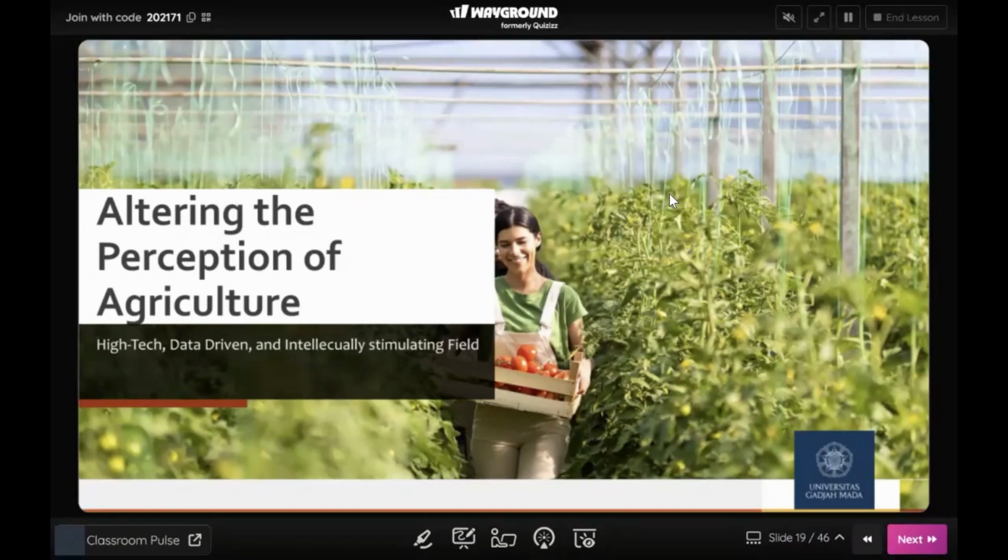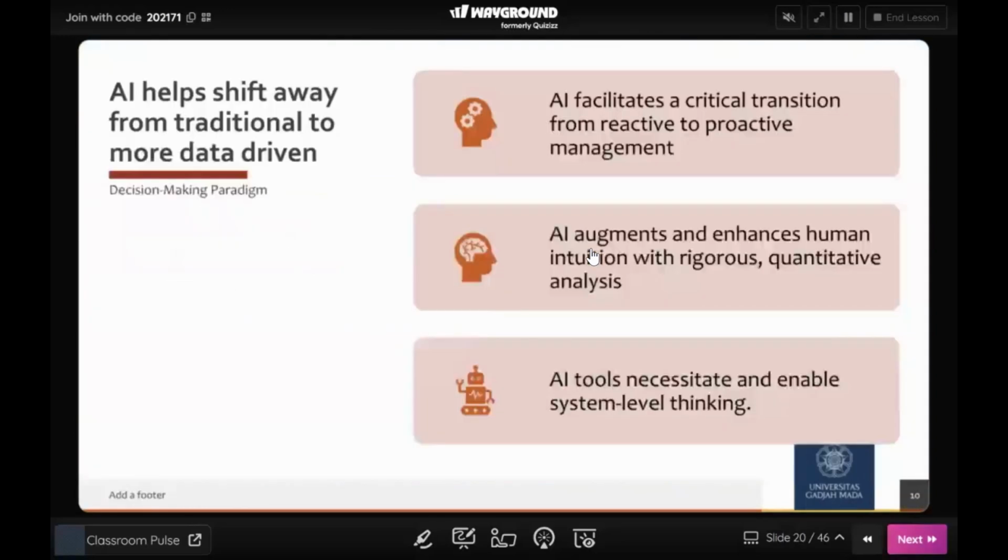When we adopt technology, some people think that technology will add another expense. And that is correct. That's why we as students need to improve by shifting away from traditional methods into more data-driven ones. With the help of AI, we can make a critical transition from reactive to proactive management.